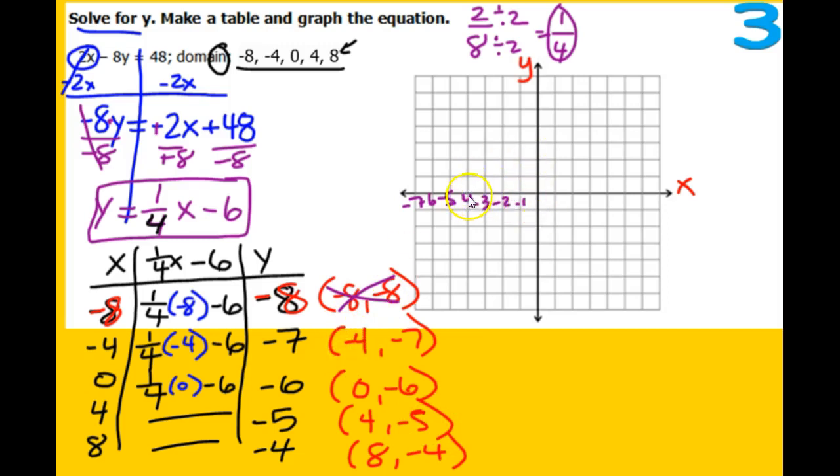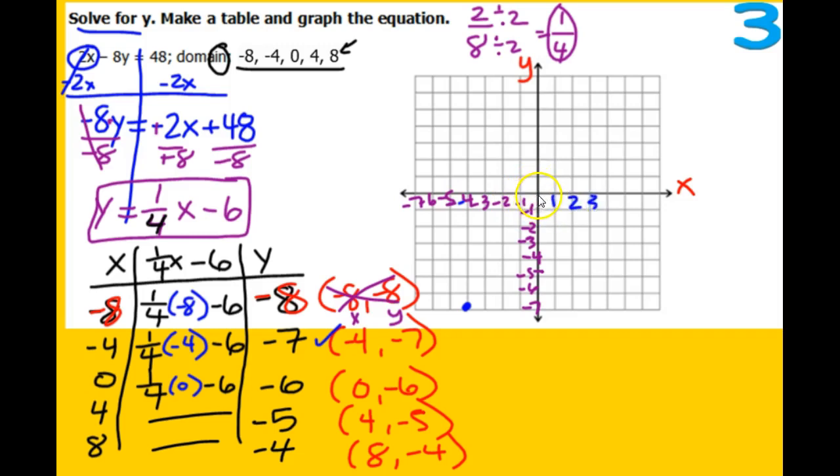Negative 4 on my x-axis, and then y is negative 7, so that's not up, that's down. I'm going to take a second to number these. So we went negative 4, and then negative 7 right there on the bottom. Then 0, we're not going left and right.